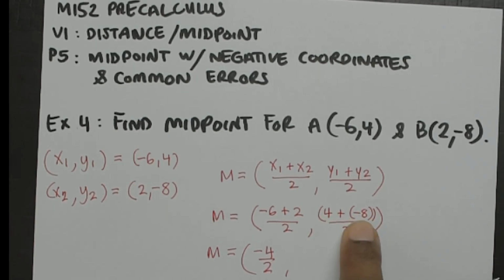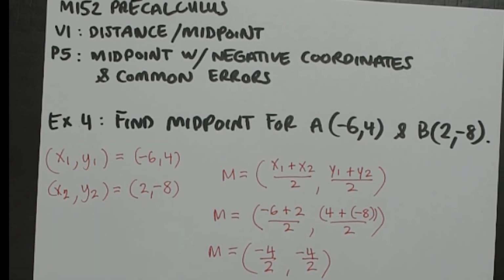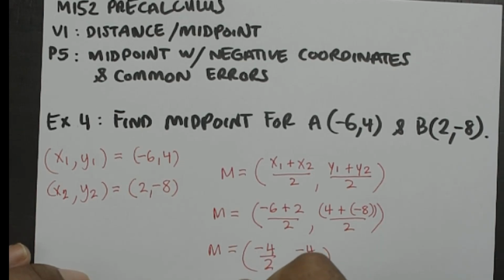So subtracting these two values, 8 minus 4 is going to be 4. And since the negative is the higher value, the result is going to be -4 divided by 2. Okay. So the midpoint is located between these 2 points at -2, comma, -2.